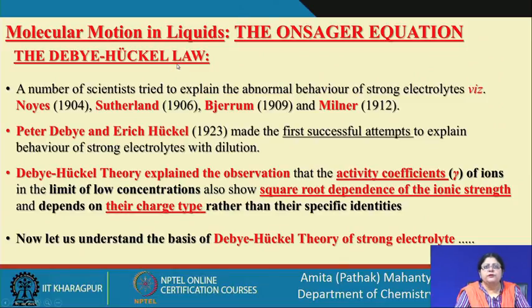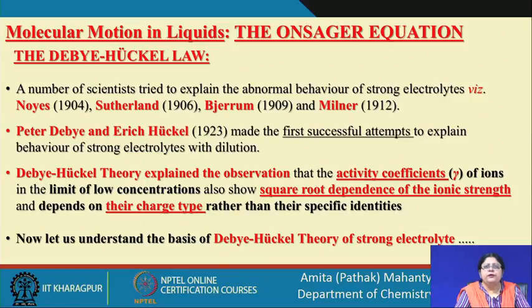What was the observation? The main observation explained by the Debye-Huckel theory is the activity coefficient of ions. When you have ions in solution, instead of concentration we express the activity of the ions, where activity is equal to concentration times the activity coefficient, if you remember.